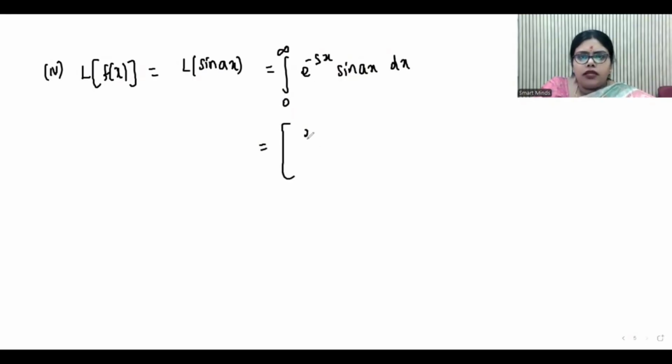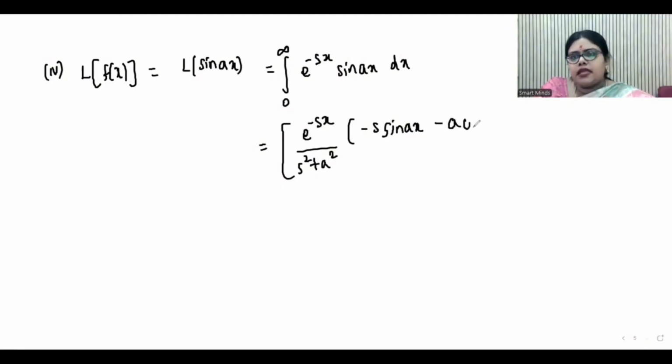What is the formula? e power minus sx by s square plus a square into minus s sine ax minus a cos ax. Here also we can apply the UV rule to find this. So if you apply the limits, you will get a by s square plus a square.